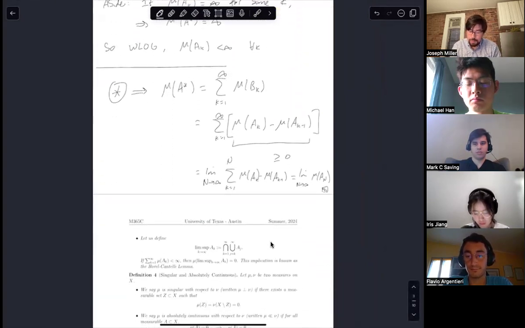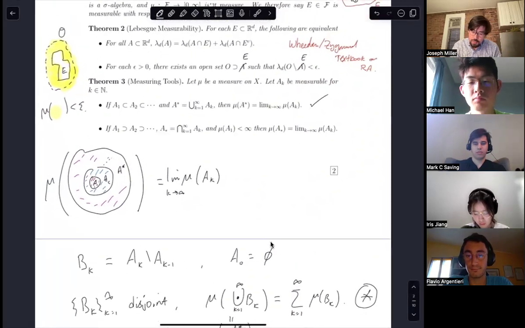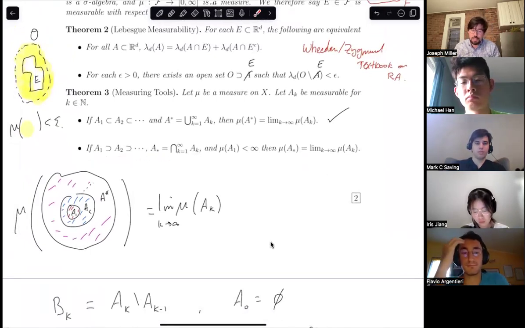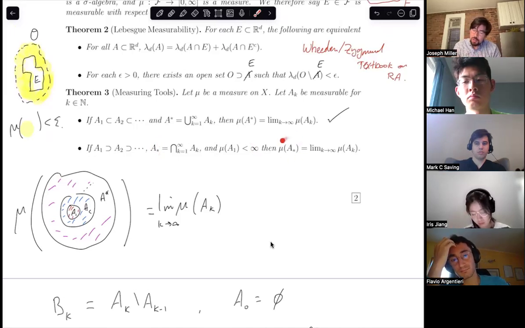Okay, great. So I'll let you think about what happens for a decreasing sequence of sets. There is one condition. If I'm decreasing and I look at the smallest one, the intersection of all of them, I would like to say that mu of the smallest one is the limit of all the mu's.